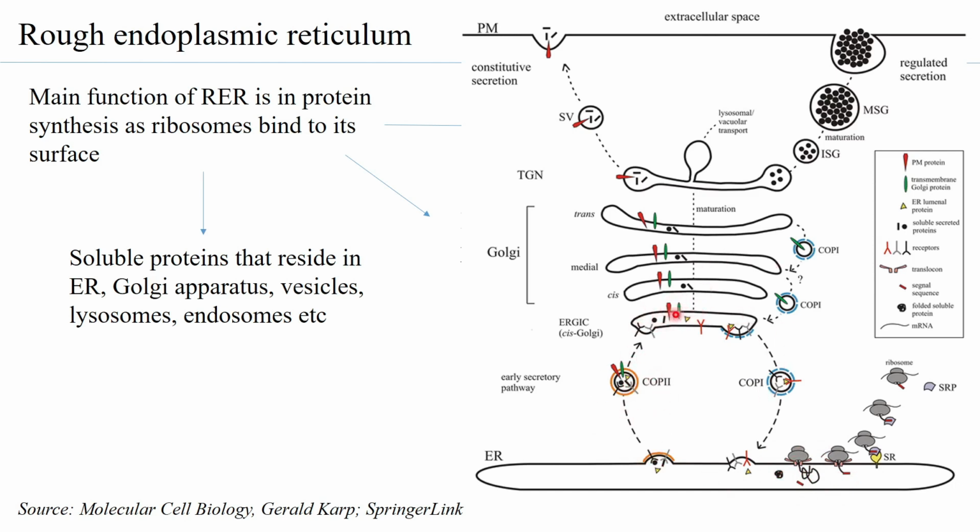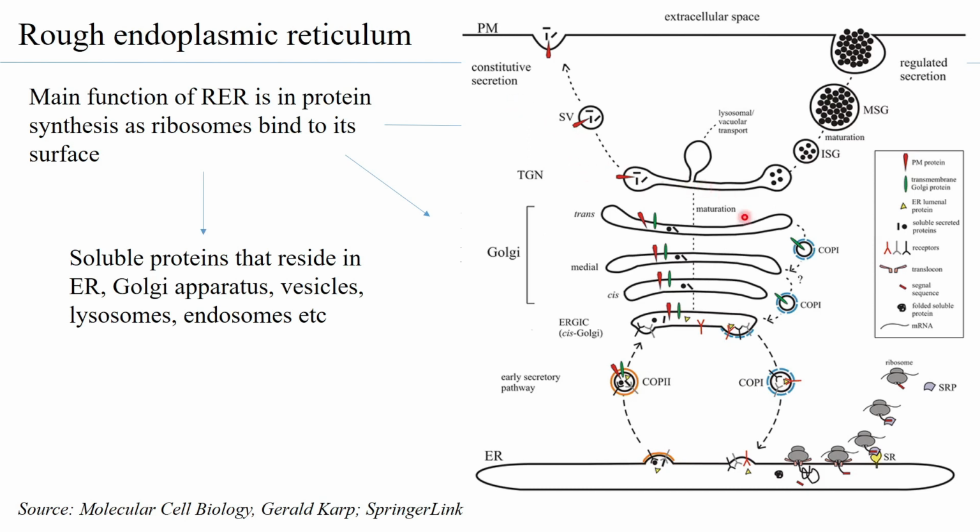In the Golgi, the proteins are processed, and having got processed, some of the proteins are continuously secreted out as the vesicles go and bind to the plasma membrane and get exocytosed. So that secretion, where the secretion of the proteins or the molecules is continuous, is called constitutive secretion.